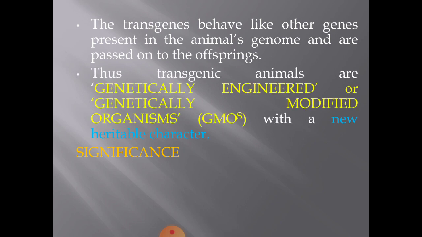Then thus transgenic animals are genetically engineered or genetically modified organisms, GMOs. What is the speciality? They have new heritable characters incorporated into them. How did the new character come? By the gene which you have introduced. Okay. So this is what happens during the process of transgenesis.